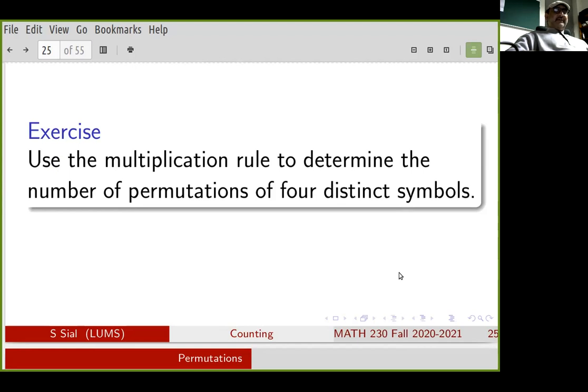And they're all distinct. 4 ways to pick the first symbol, 3 ways to pick the second symbol, 2 ways to pick the third symbol, and 1 way to pick the fourth and last symbol. So 4 times 3 times 2 times 1 is 24. So there are 24 permutations of 4 distinct letters.